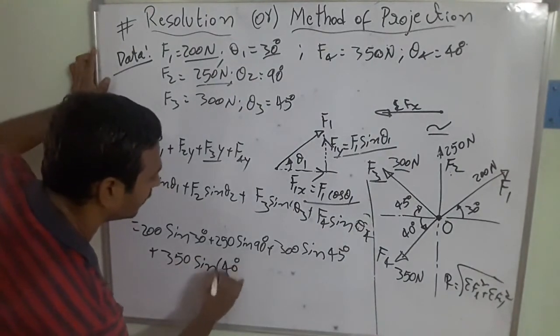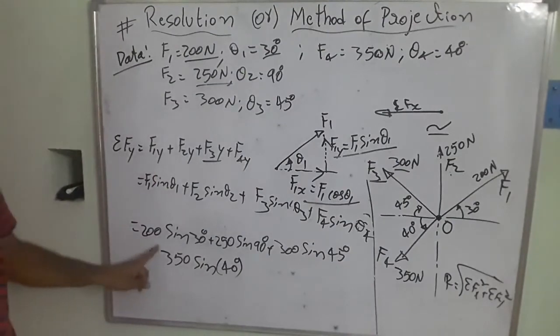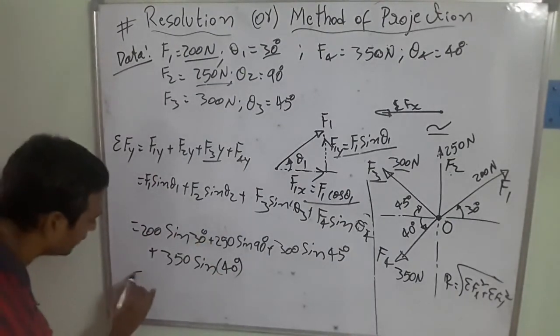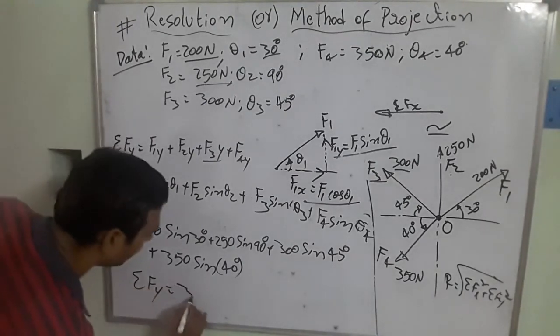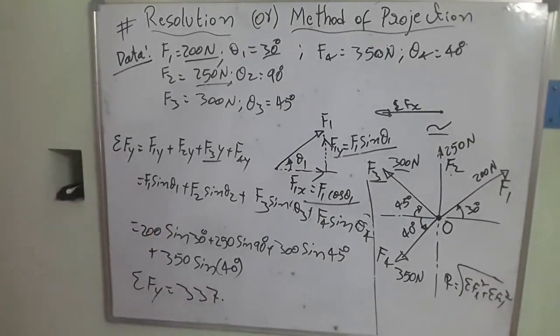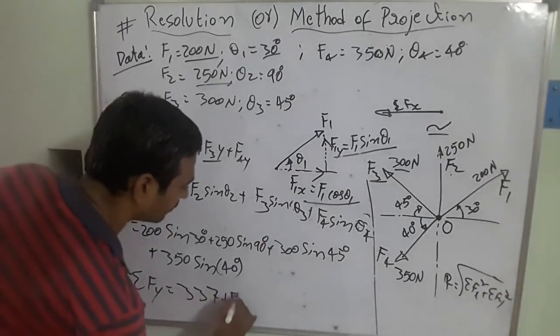Substituting all these values, the final component in the y direction, sigma F of y, is 337.15 newtons.